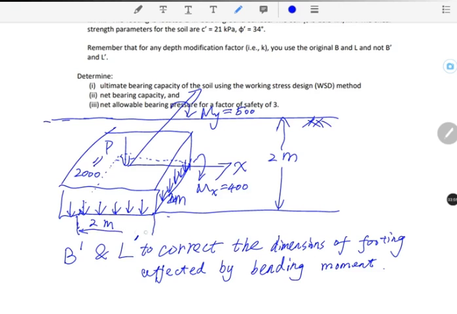This is a new B prime and the new L prime.